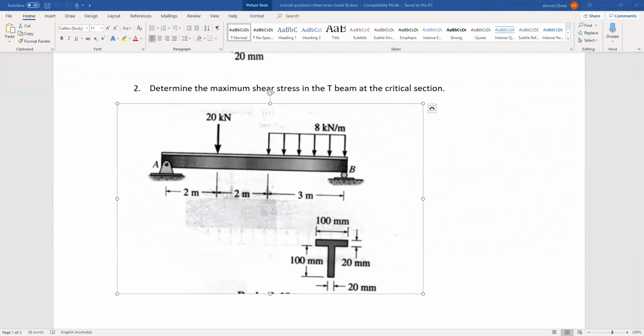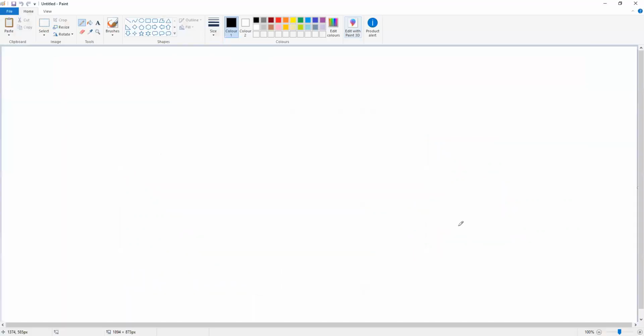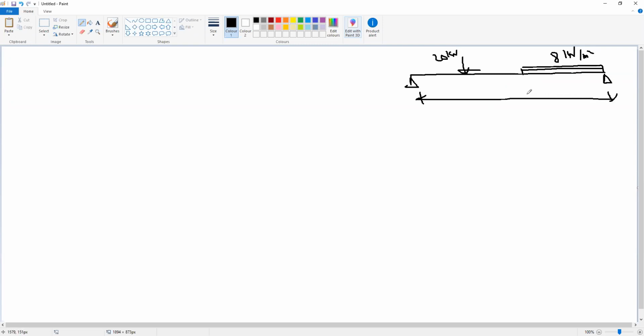So I will now solve this one with you. For this beam, we have a simple beam, and we have a concentrated load of 20 kilonewton here, and we have a uniform load of 8 kilonewton per meter, and the dimensions or the spans here are 3 meter and 2 meter, 2 meter.